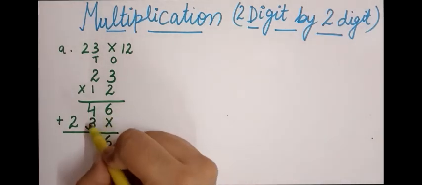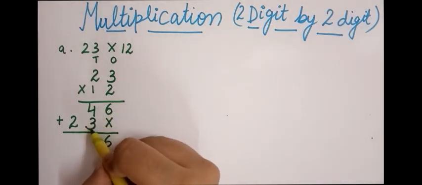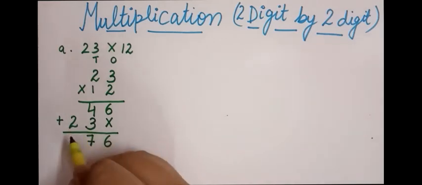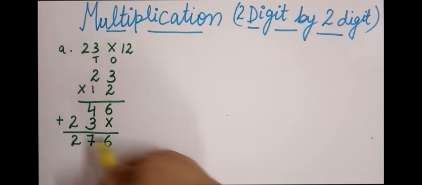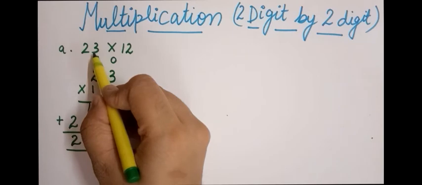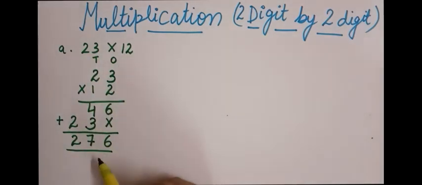Then 4 plus 3 is 7. I'll be writing it here. And 2 is only here, so I'll be writing this 2. That means the product of 23 multiplied by 12 is equal to 276. I hope this first question is clear to you.